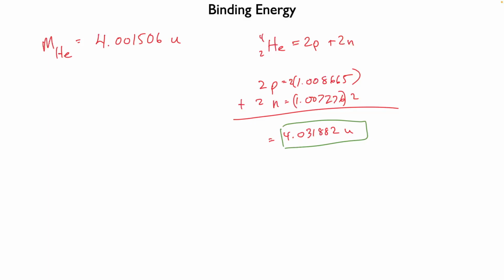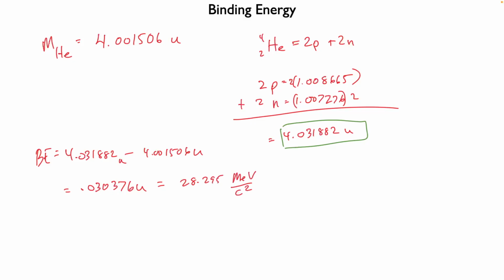So, to find the binding energy, I take my 4.031882, I subtract off 4.001506, and I get a value of 0.030376 atomic mass units, which, when I use the conversion factor I showed you on the other screen, gets me 28.295 mega electron volts per c squared.